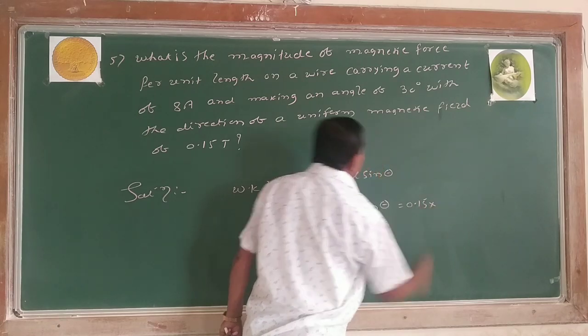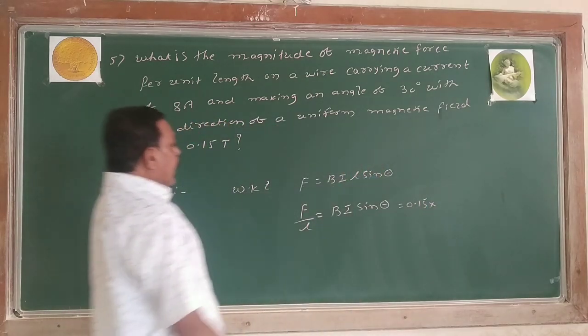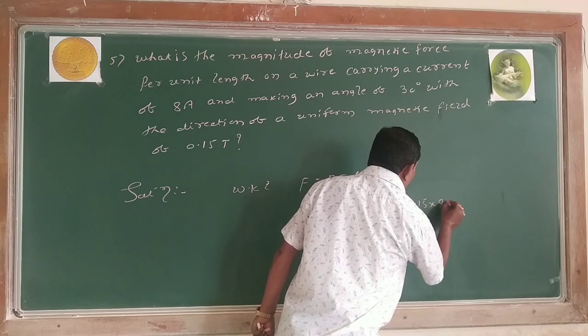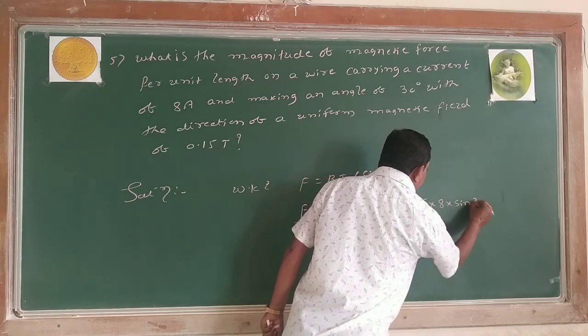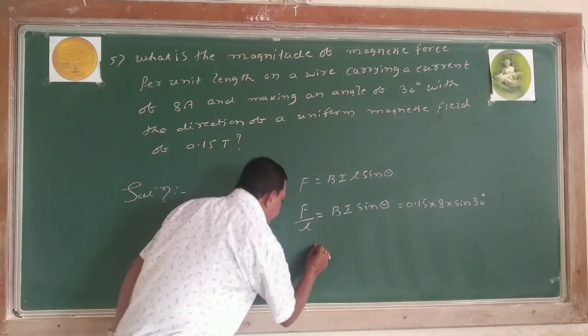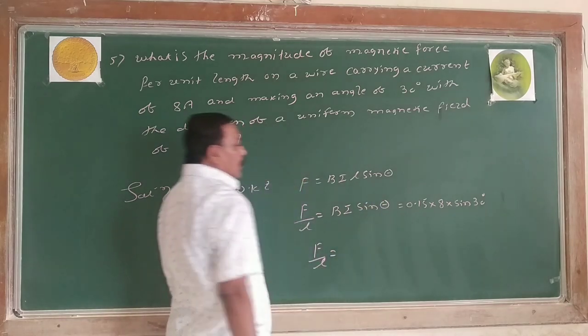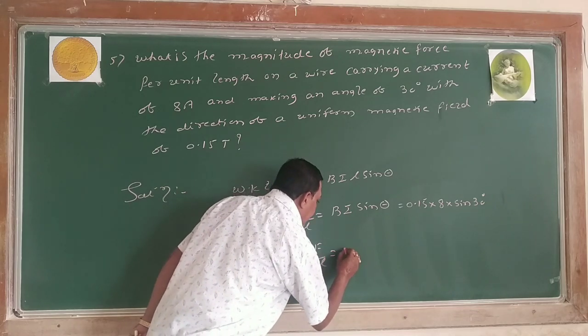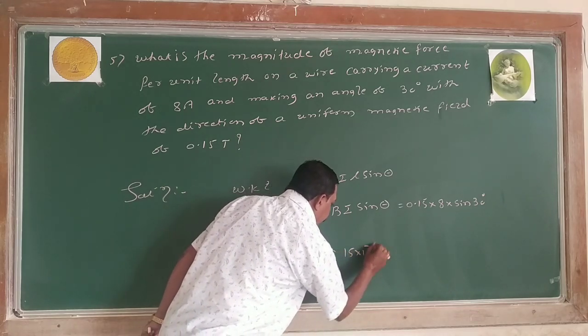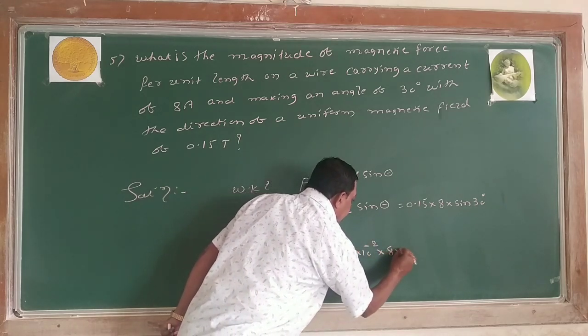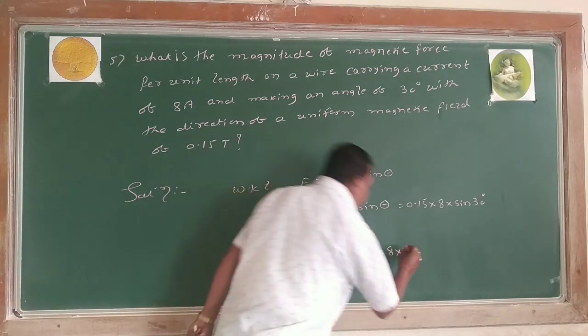0.15 Tesla. What is current? 8 ampere. What is angle made? Sine 30 degree. Then F by L is equals to 0.15. That is nothing but 15 into 10 to the power of minus 2. 8 sine 30 is nothing but 1 by 2.